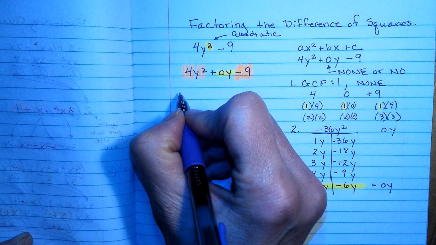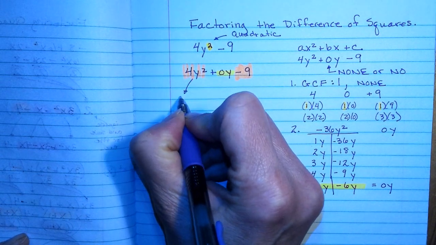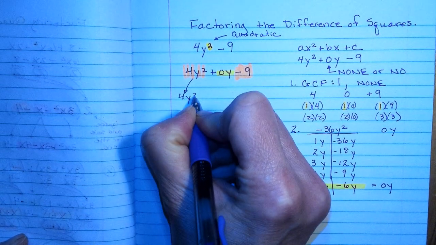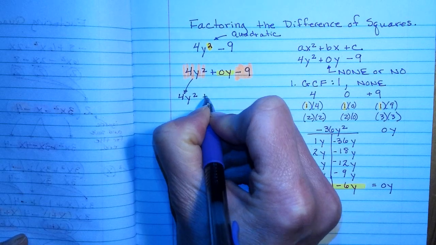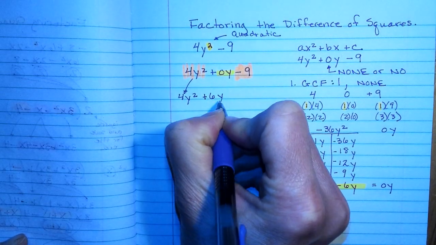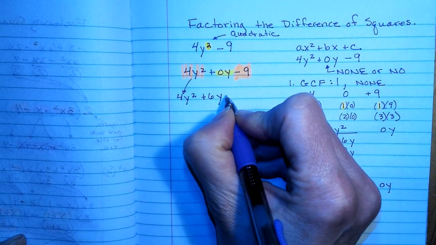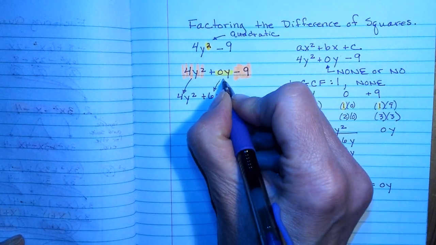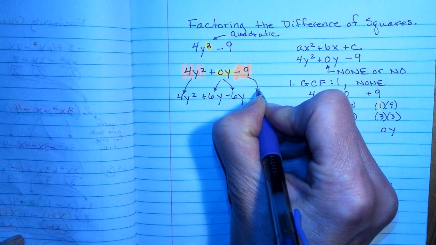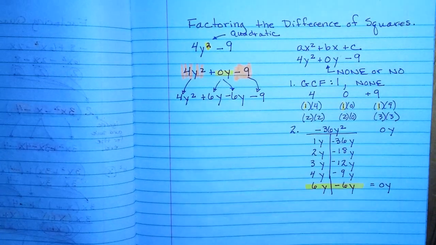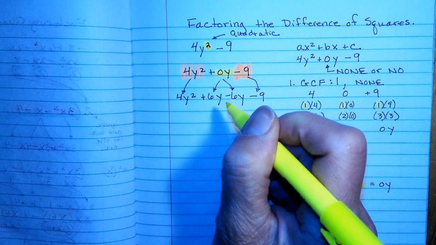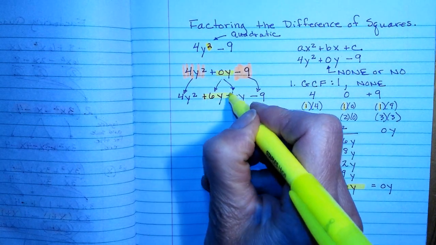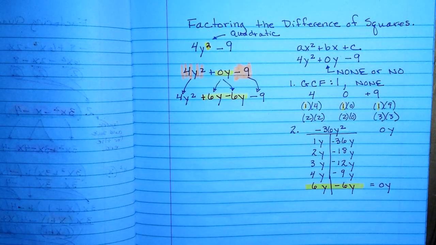So that means I have, I'm going to write this down, 4y squared plus 6y, and then I have minus 6y, that's what the 0y equals, and then I'm going to bring down my negative 9. Okay, so 6y minus 6y is what's replacing 0y.